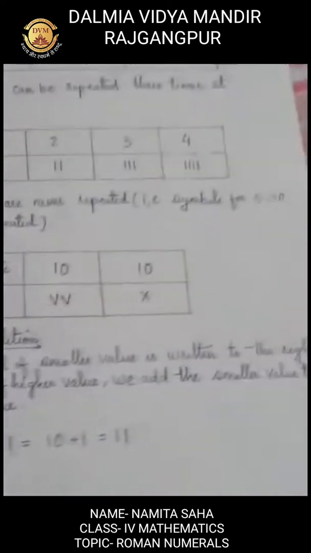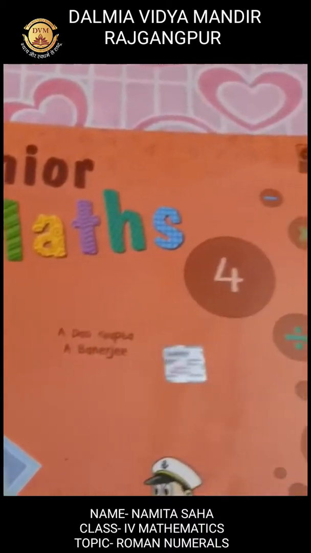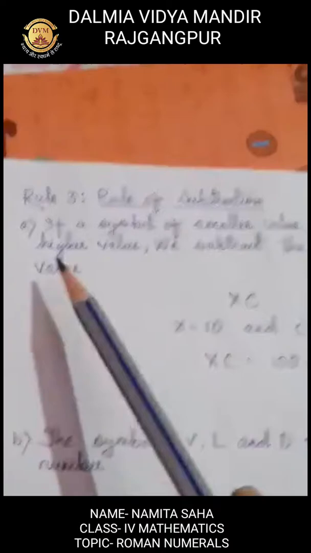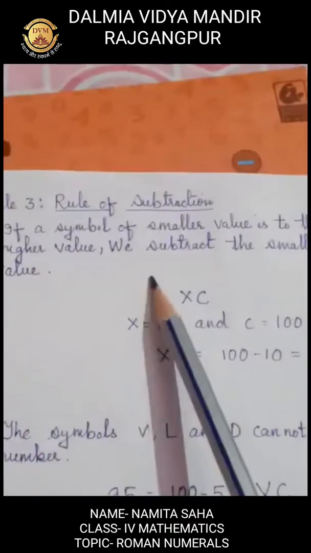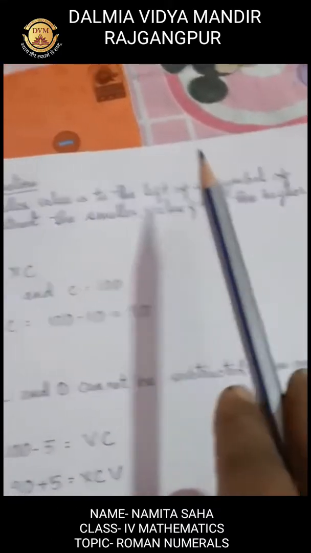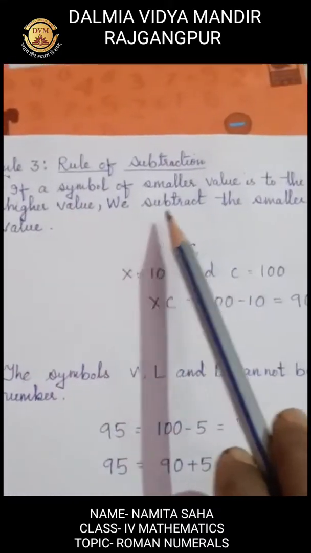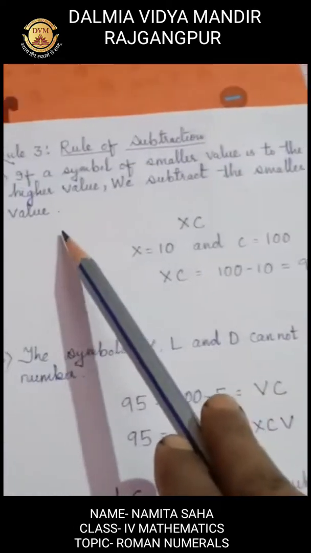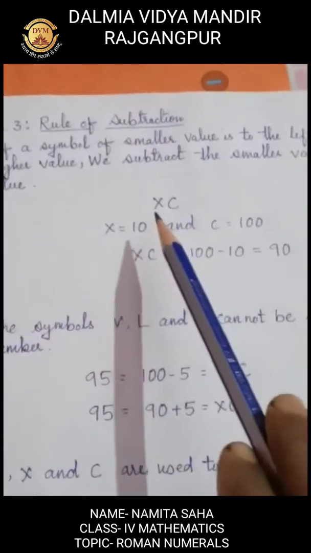Okay. Our third and last rule is the rule of subtraction. So what is the first point? If a symbol of smaller value is to the left of a symbol of higher value, we subtract the smaller value from the higher value. Let us consider the example.